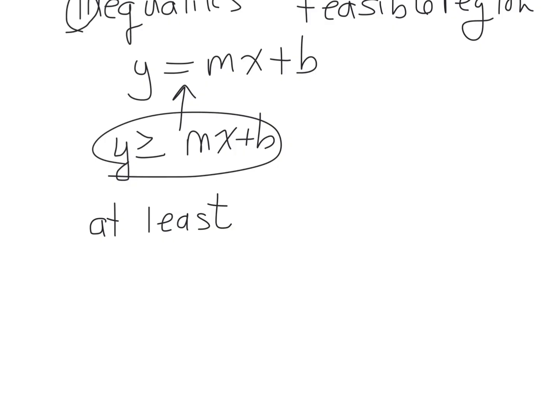At least means they would have to work that number of hours or more. If we said, you have to walk at least 6,000 steps a day, that would mean 6,000, 6,001, 6,002, 7,000, 10,000, and so on.